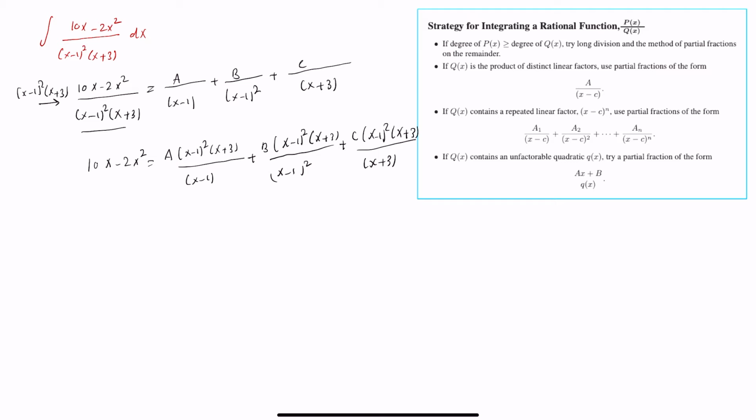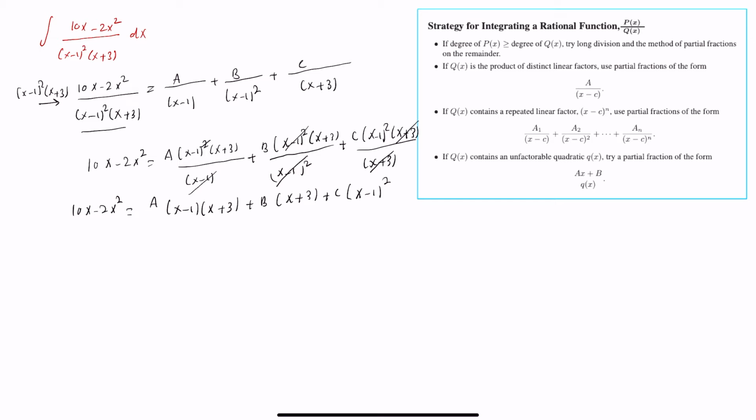Now let's simplify. Notice that this term will cancel with one of these, this term will cancel with this term, and for C, this term will cancel with this term. So this can be written as 10x minus 2x squared equals A times (x minus 1)(x plus 3), plus B times (x plus 3), plus C times (x minus 1) squared.